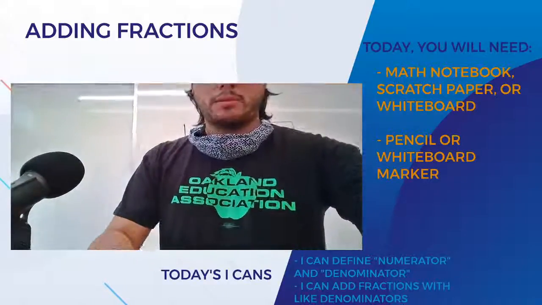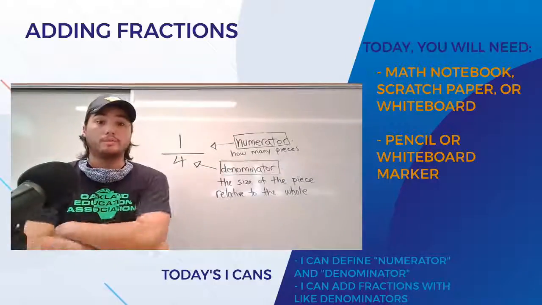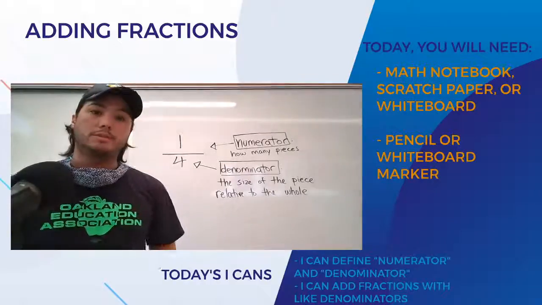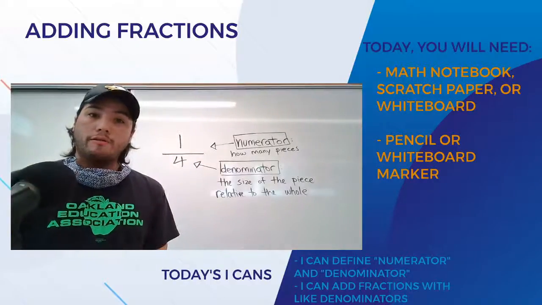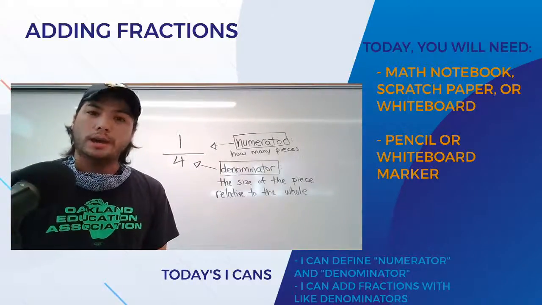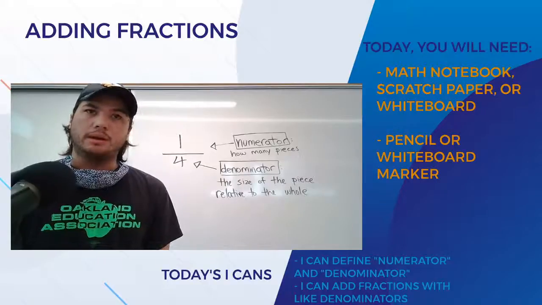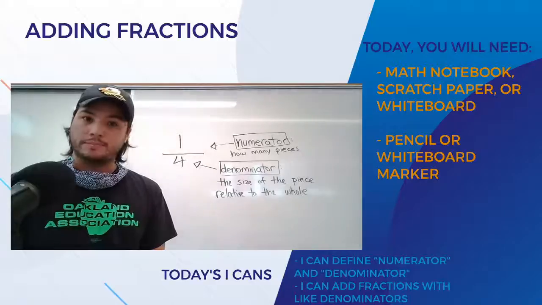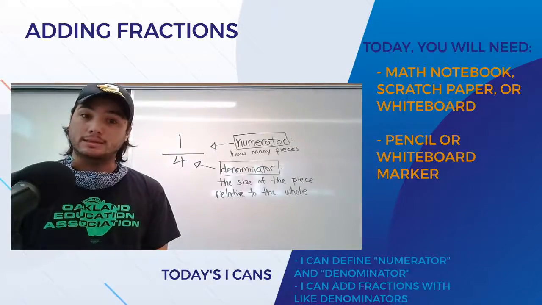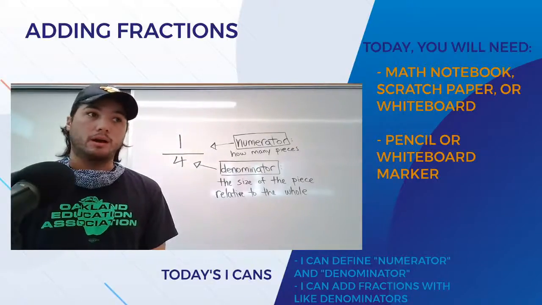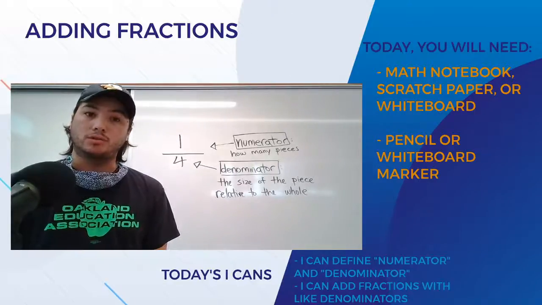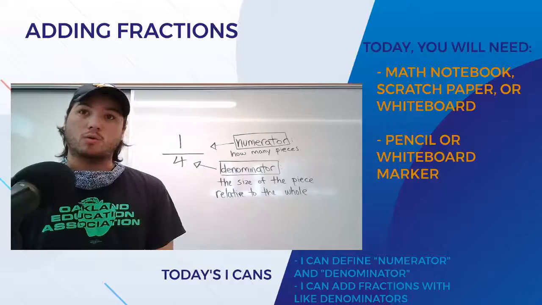Okay, let me lower this slightly. There we go. Here is our definition from yesterday of the two key terms that we're going to need for really talking about fractions in a mathematically accurate way. On the top, we have our numerator. That's the number of pieces, or the number of parts, that we're talking about in relation to our whole number, or our whole quantity.